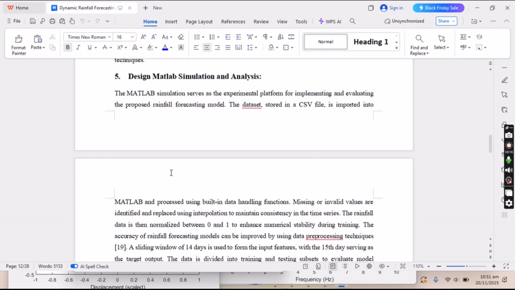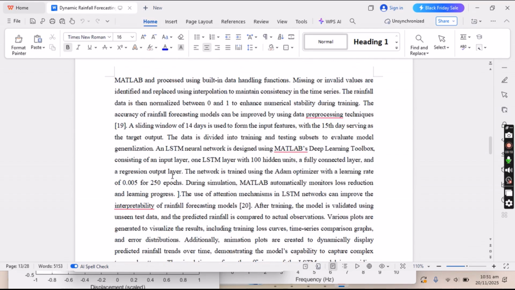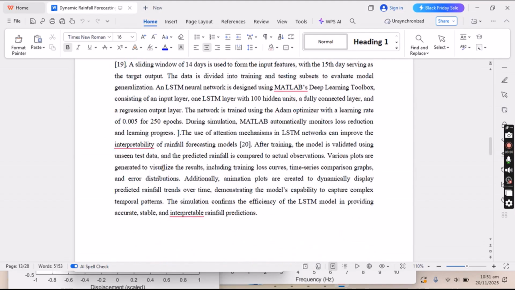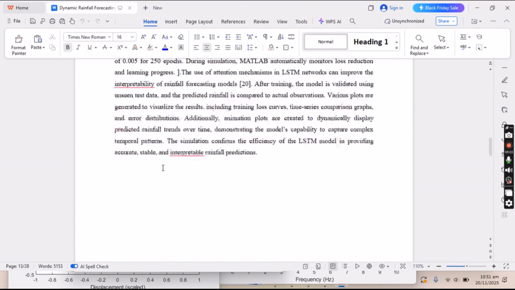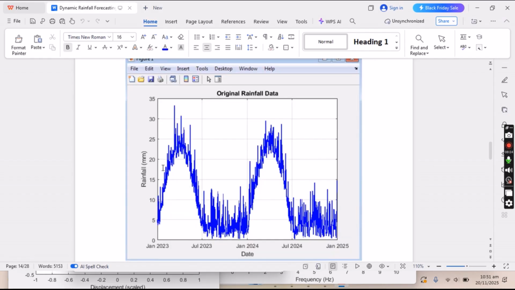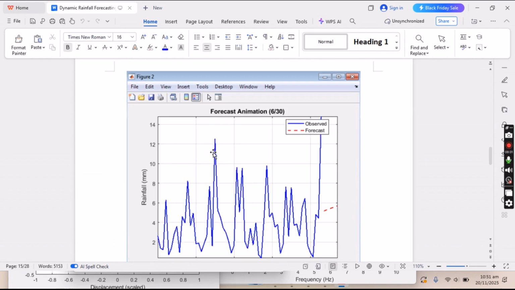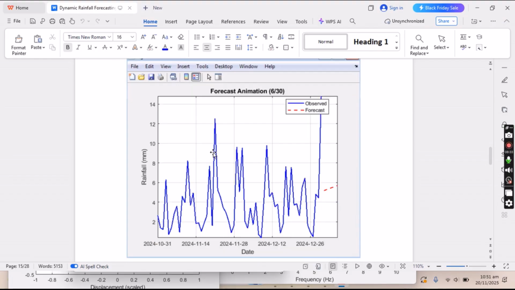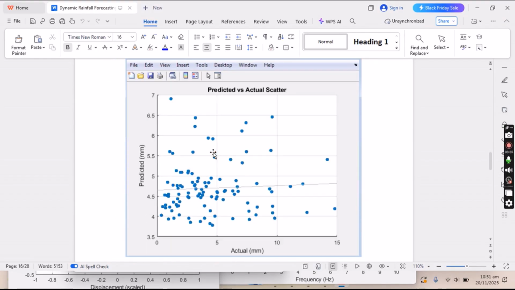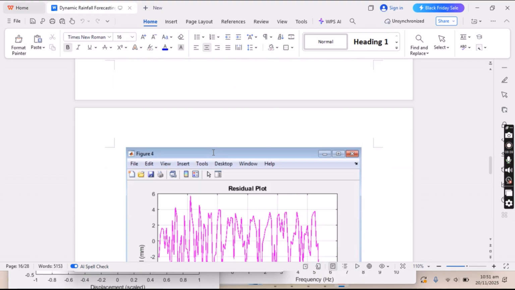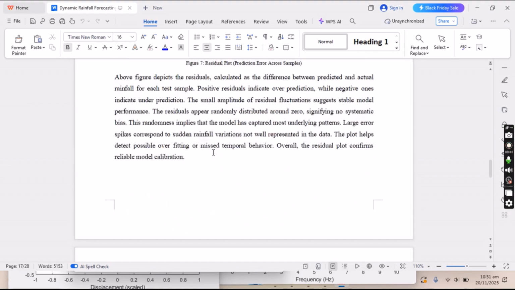In the design of the methodology, we have used a CSV dataset in terms of different approaches, and that dataset provides us the original rainfall dataset. Next part is the forecast animation, and next is the prediction, which is the actual scatter diagram and residual plot as well.